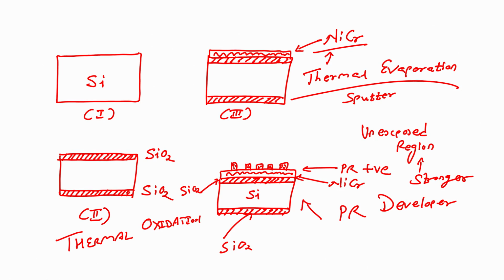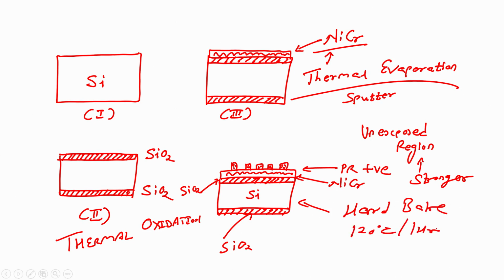Now, after this I will perform a hard bake. Hard bake is done at 120 for 1 hour. After the hard bake, I will dip this wafer in nichrome etchant.